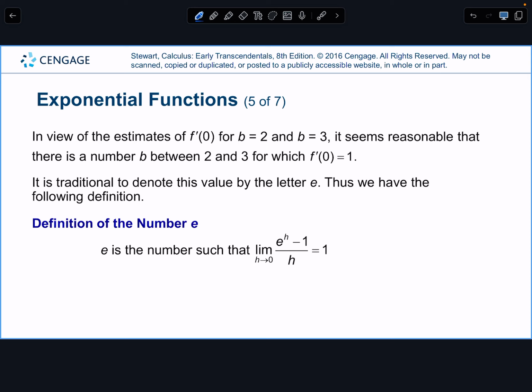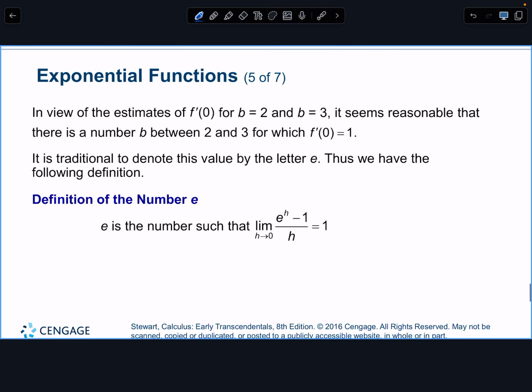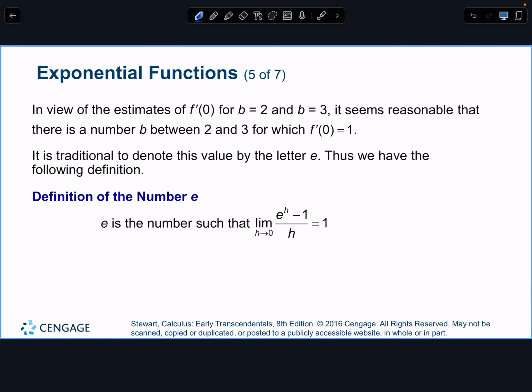It's probably the most important number ever, and it's a big deal in this class. Here's one definition of e. As you may know, and you can find it in your calculator, it has a value of about 2.718... It's an irrational number.